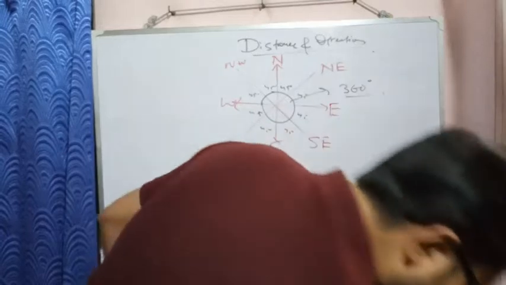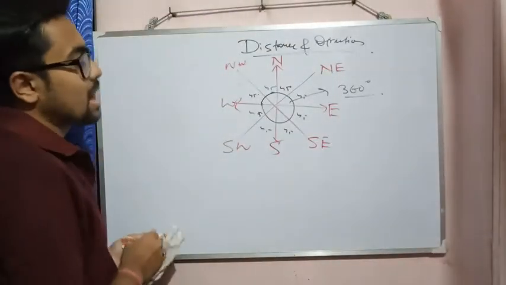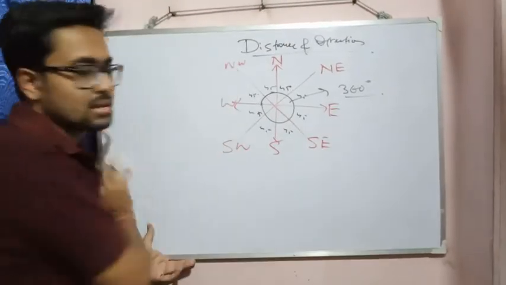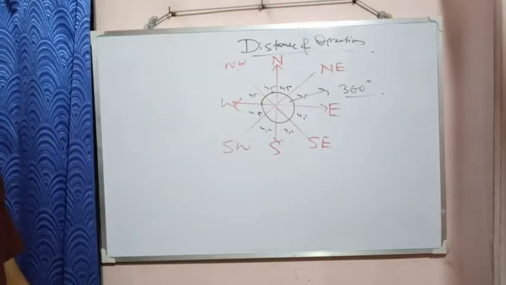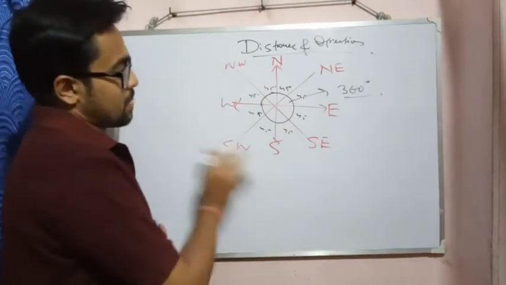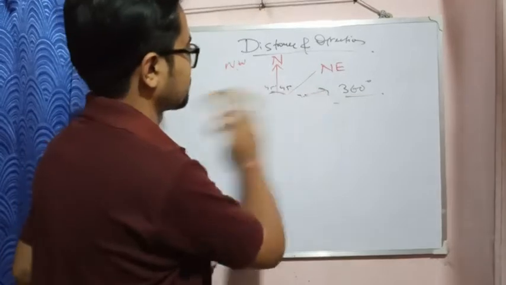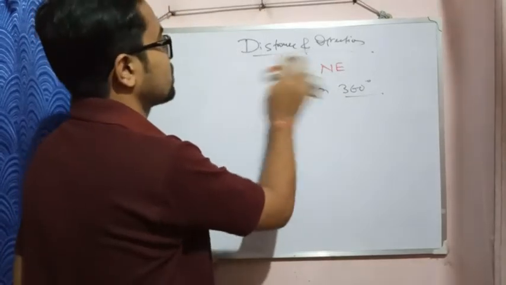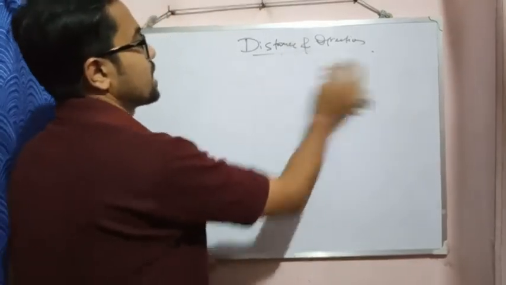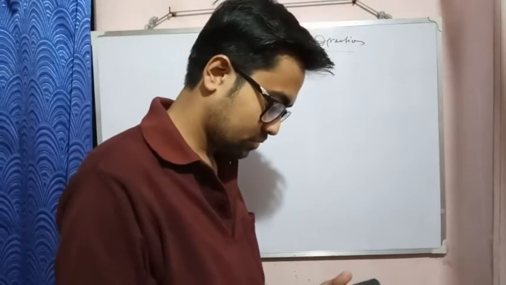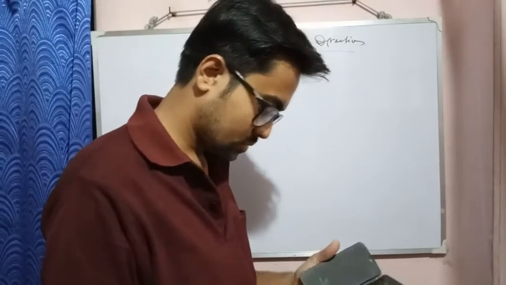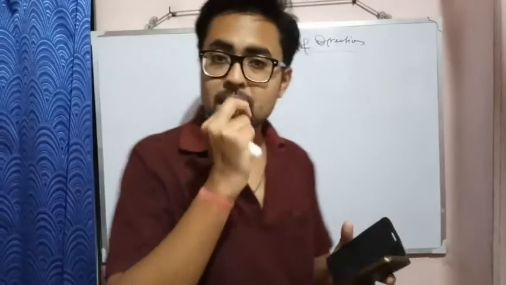Now, what types of question come in the examination hall? If you want, please take a screenshot. Okay, now I will erase it. So, the question is, please listen to my words.